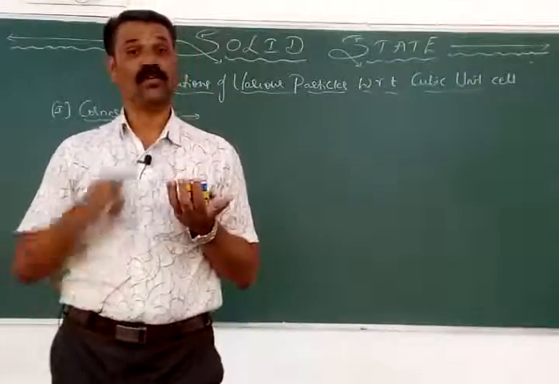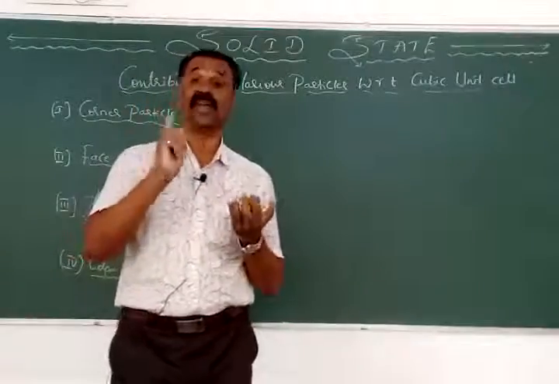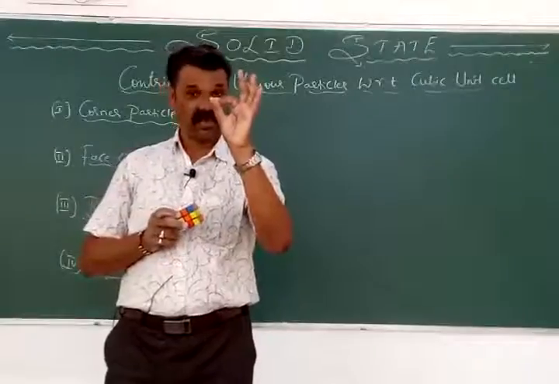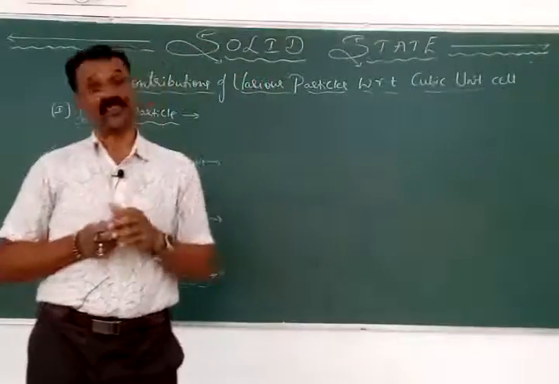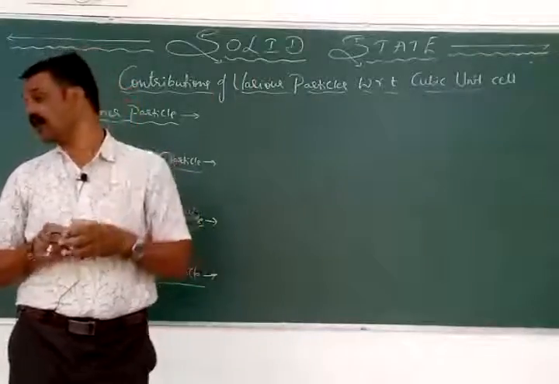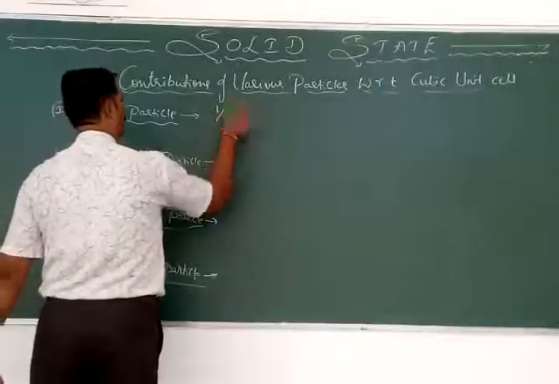What is the contribution of that corner particle? It is just 1 by 8, because any corner particle is equally shared by 8 unit cells. That is why its contribution is just 1 by 8.